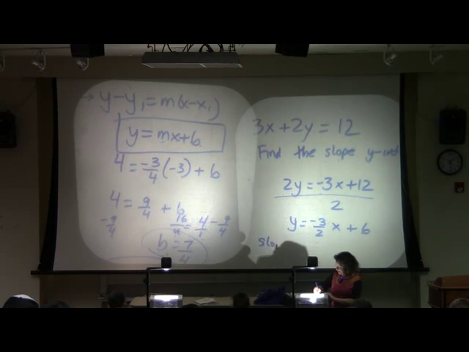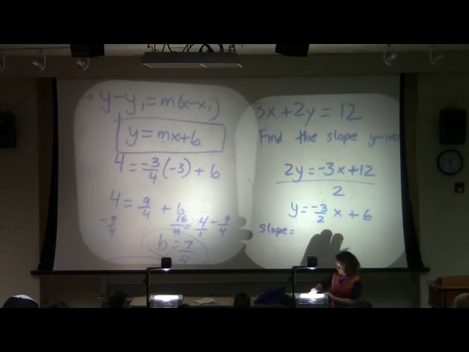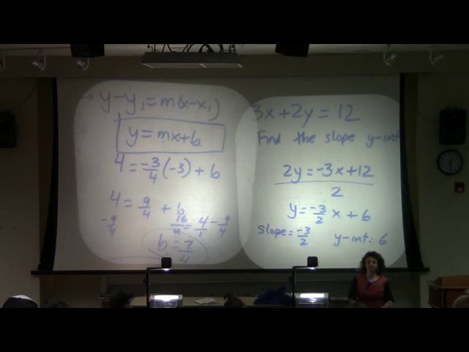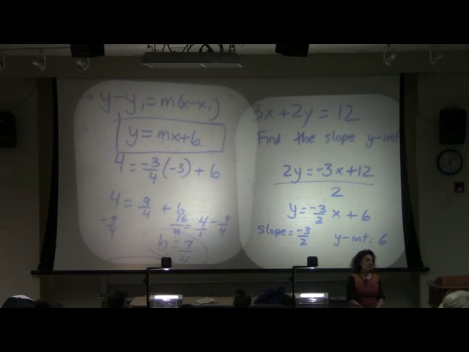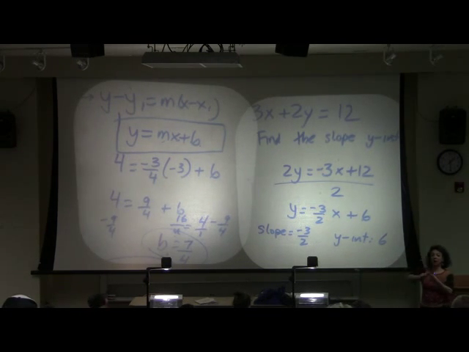So, what's my slope? Negative 3 halves. And what's my y-intercept? 6. Guys with me? Should we graph him just in front of it? Cool. Okay? And then what we'll do is we're going to talk about horizontal vertical lines, parallel perpendicular lines, and then we'll end class today with horizontal.